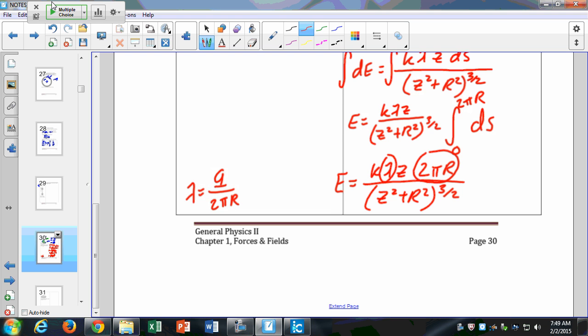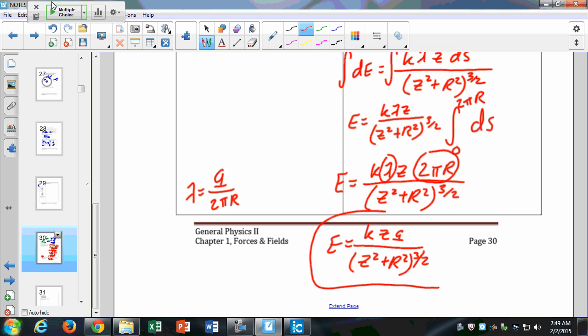So E then will equal k z q over z squared plus r squared to the 3 halves. Alright, and that's the answer. That is the electric field at some point above a ring of charge.